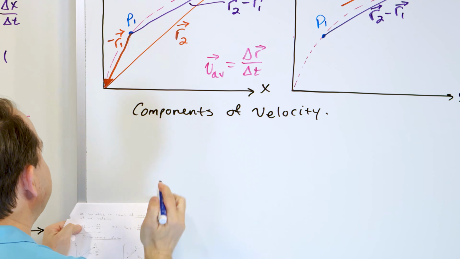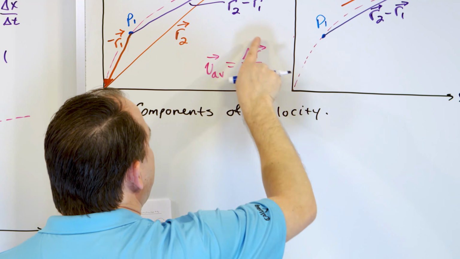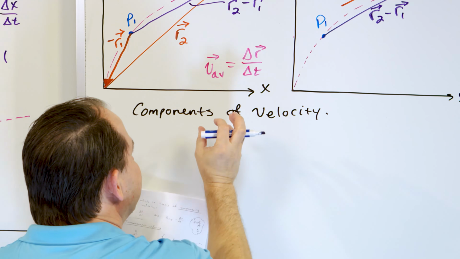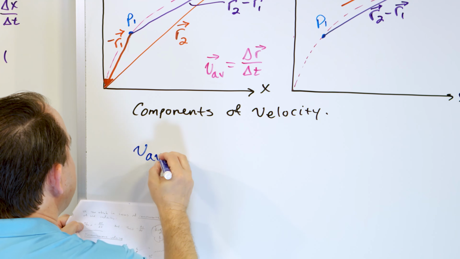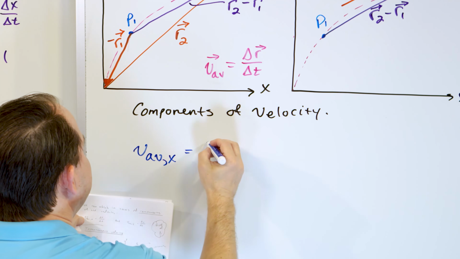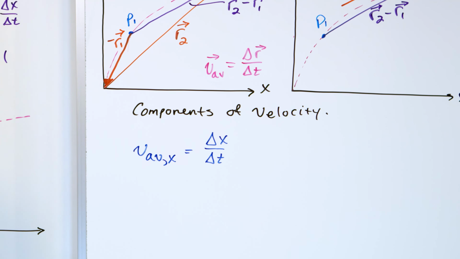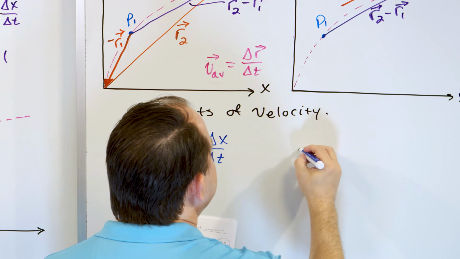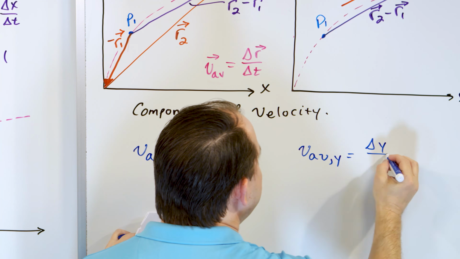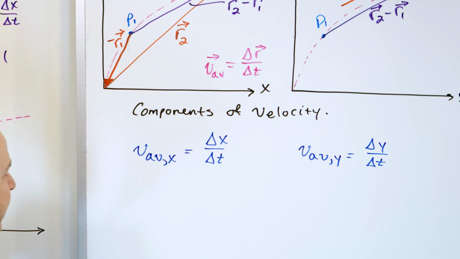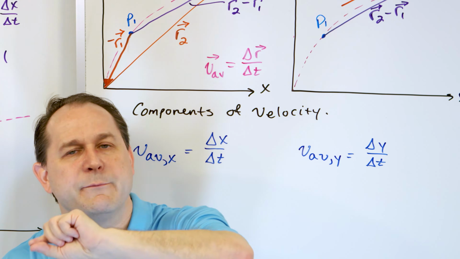Right now we have one equation for the entire vector, the whole enchilada, all directions at once, but we can break this into an x equation and a y equation. The average velocity in the x direction is equal to how far the thing goes in the x direction divided by how many seconds it takes between the 2 points. And the average velocity in the y direction is how far the thing goes in the y direction divided by delta t. What I'm trying to tell you here is that all motion in 2 dimensions is a mixture of an x motion and a y motion.